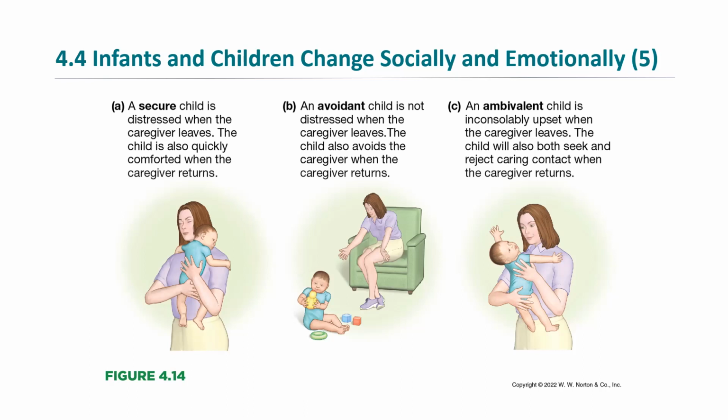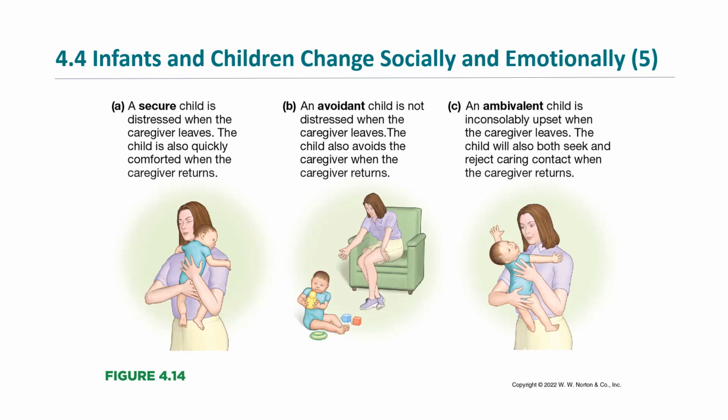You can see where this child doesn't seem to have any attachment to the parent, or caregiver, I should say. An ambivalent child is inconsolably upset when the caregiver leaves. So that shows that there is separation anxiety. So there's some kind of attachment.